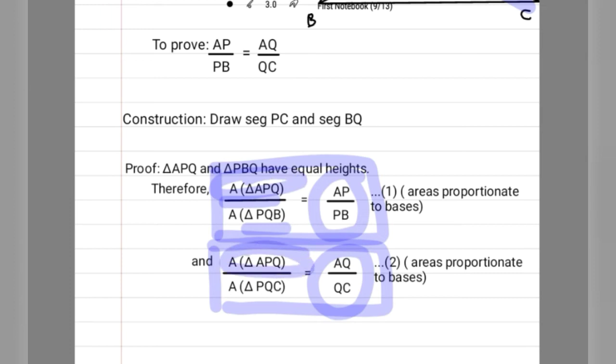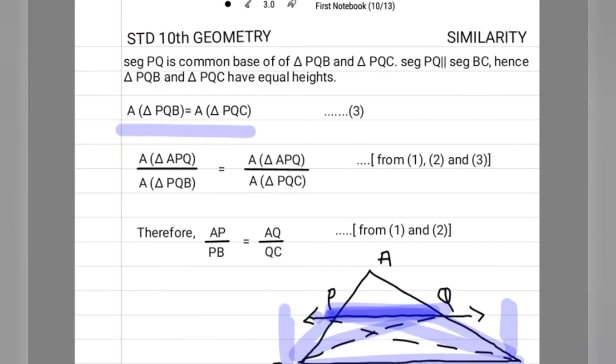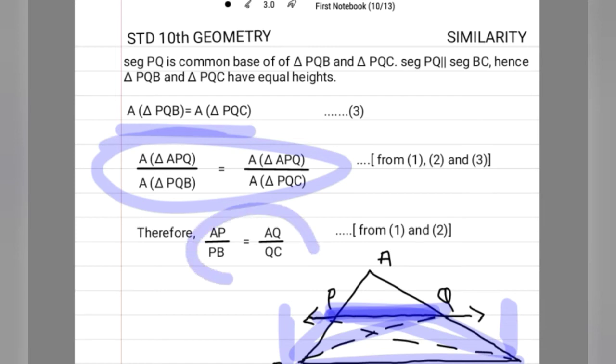So what we can say is area of triangle PQB is equal to area of triangle PQC, because from the third statement we can say that these two triangles are equal, and we get the ratio as this, and from that we can say that AP upon PB is equal to AQ upon QC. So this is what we have to prove.